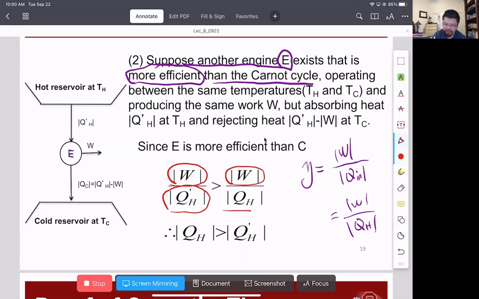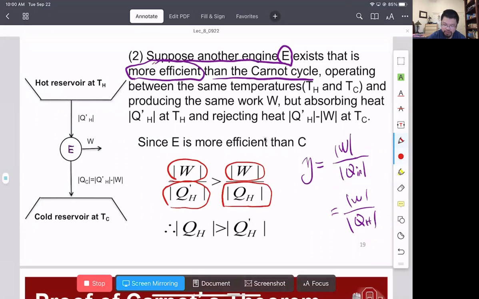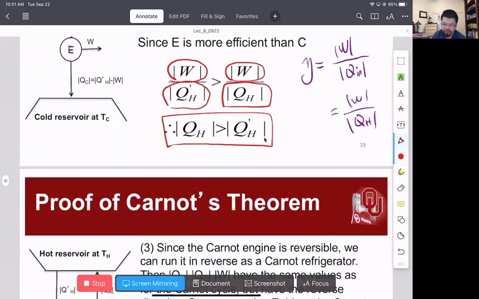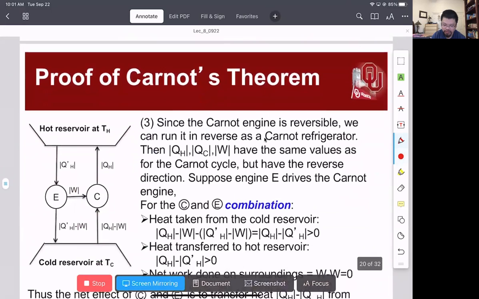Well, this is the Carnot's engine heat input. So that is following the assumption. Suppose we are able to design a better engine than Carnot's, then we are going to have this statement. That means the Carnot engine will need a larger input from the hot reservoir.